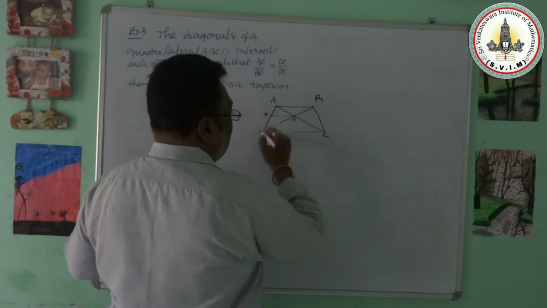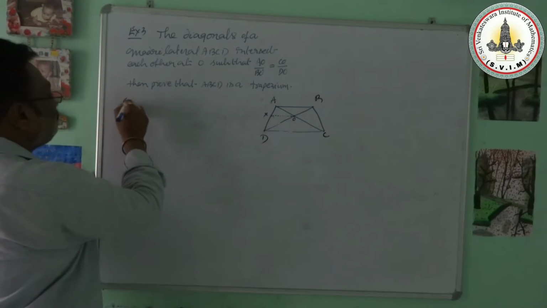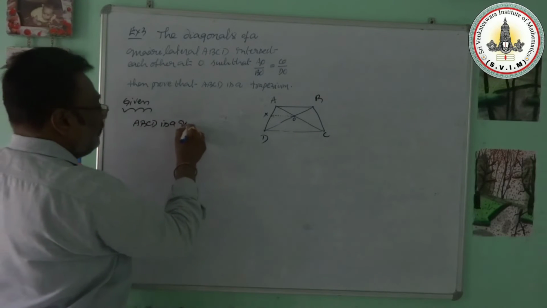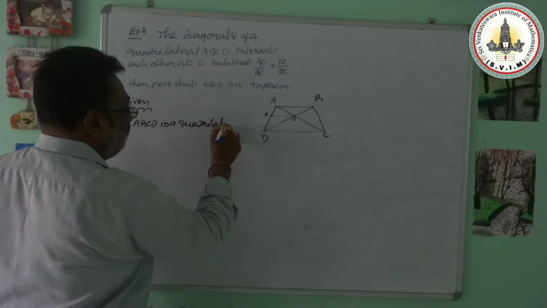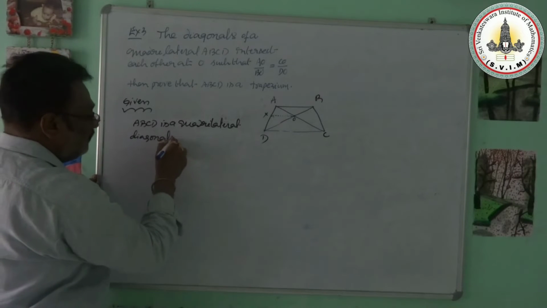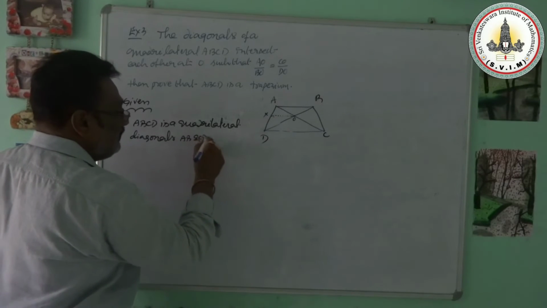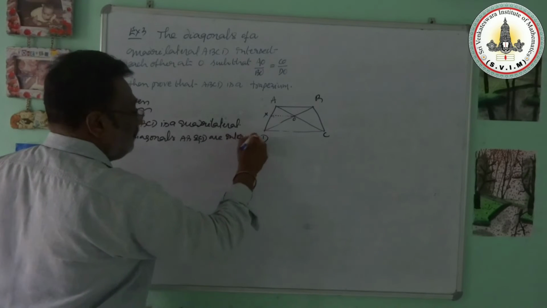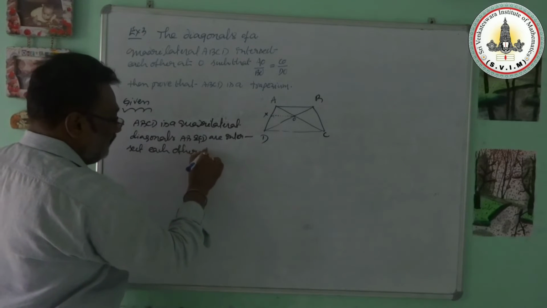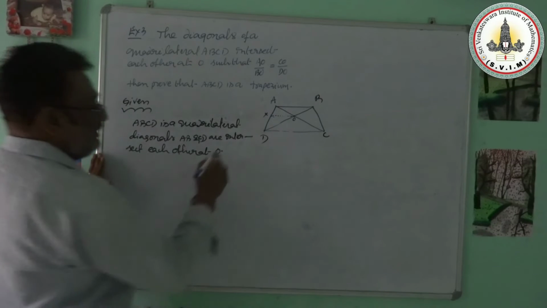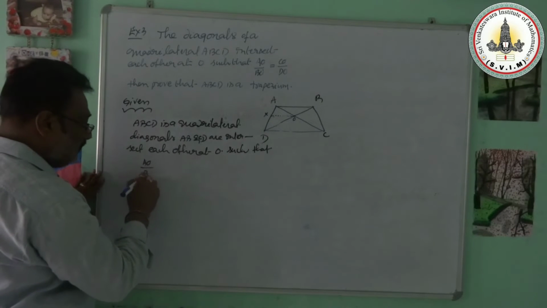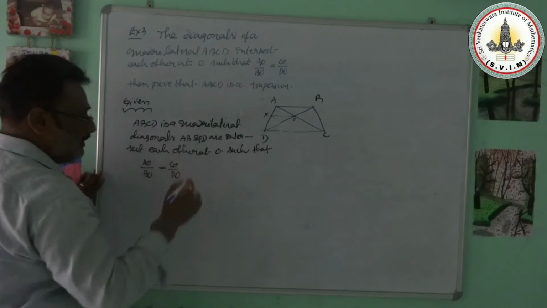Here ABCD is a quadrilateral given. Next thing, diagonals AC and BD intersect each other at O, such that AO by BO is equal to CO by DO.